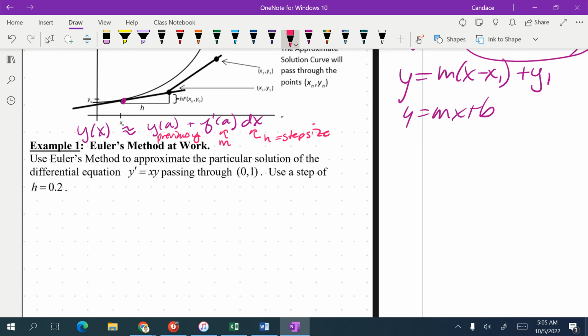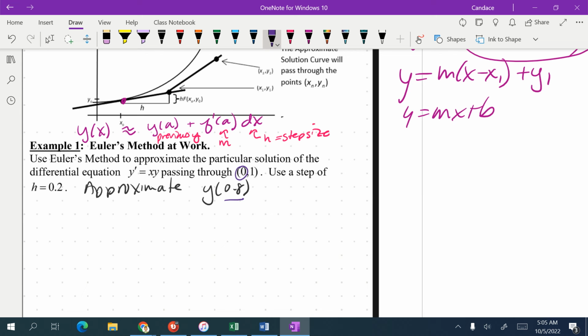I think I may have deleted some of the work. Oh, we're supposed to approximate, I totally deleted part of the problem. Approximate y of 0.8. So I know I'm starting at 0 and I have to get to 0.8.